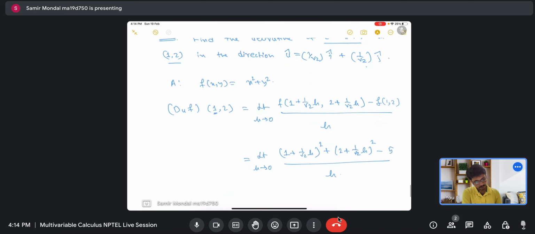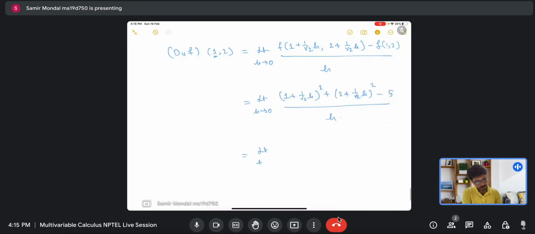So limit h tends to 0, 1 plus 4 minus 5 cancels out.